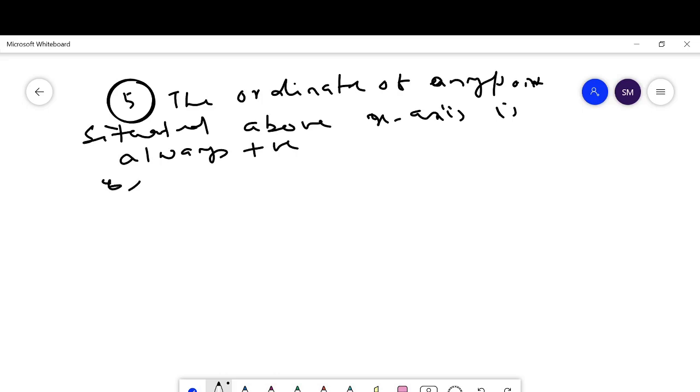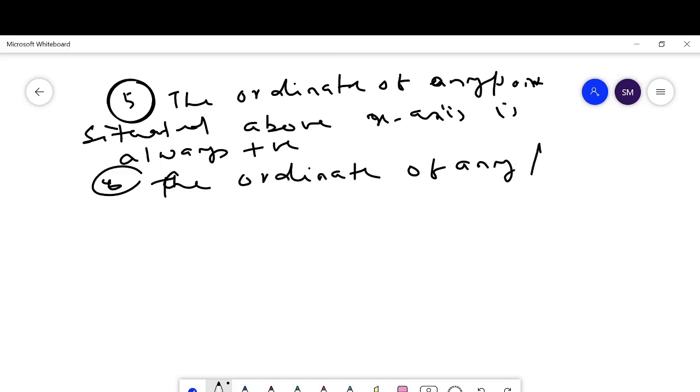And the ordinate of any point below the x-axis is always negative.